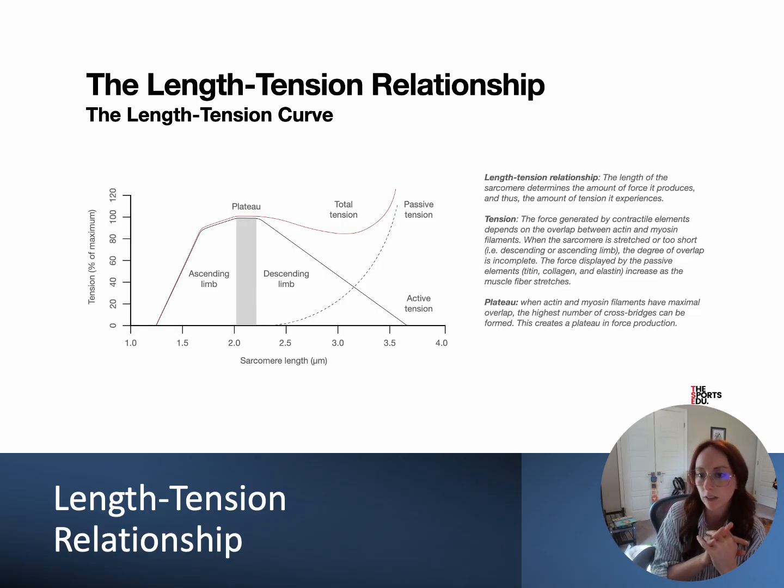And the force is generated by those tiny actin-myosin filaments that I went over within those myofibrils. When the sarcomere is stretched or too short, the degree of overlap is incomplete. However, when the actin and myosin have maximal overlap, the highest number of cross bridges can be formed.